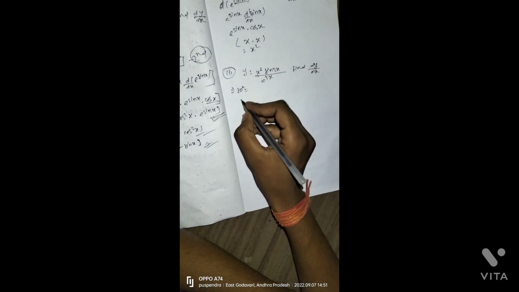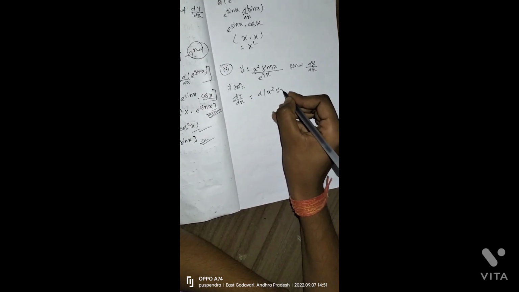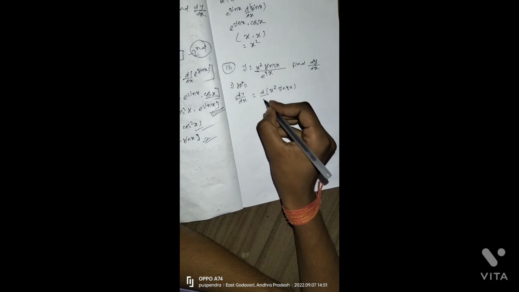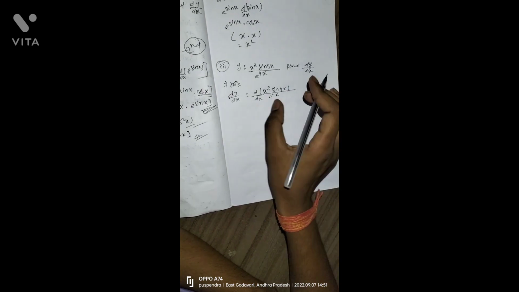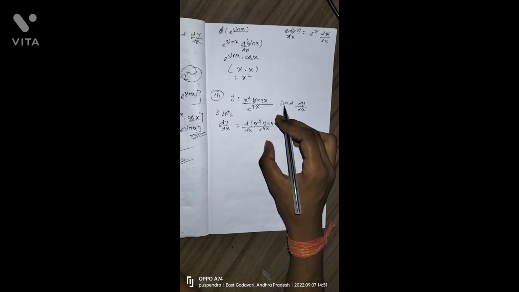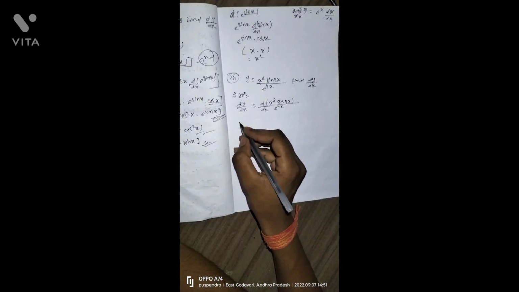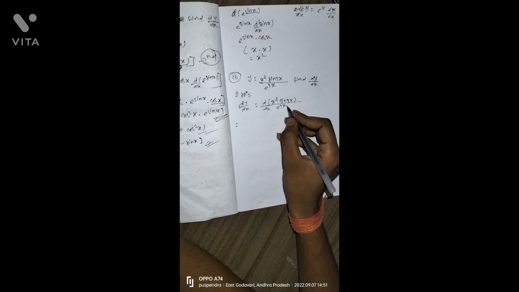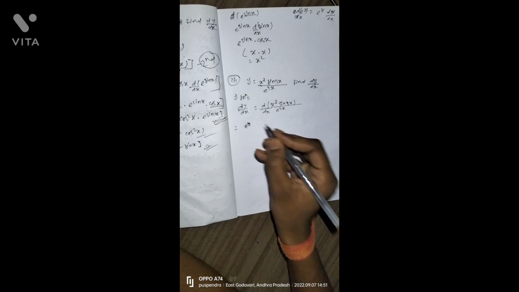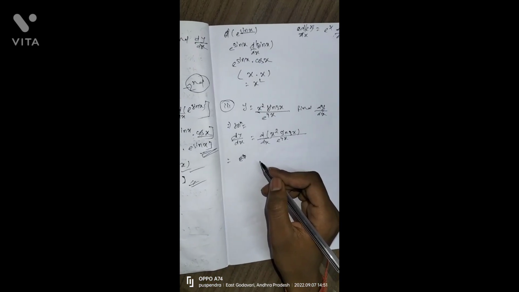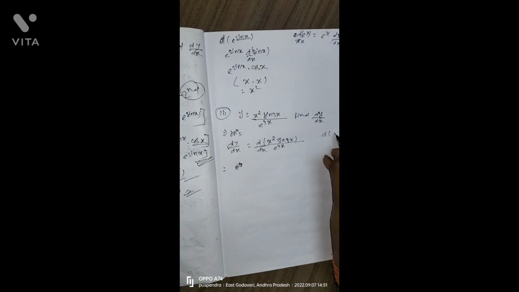Okay, let's see. dy by dx equals d of x square sin 3x upon e to the power 4x by dx. What I have done is I have copied this thing here. What is the derivative of u by v? It is v du by dx minus u dv by dx, upon v squared.